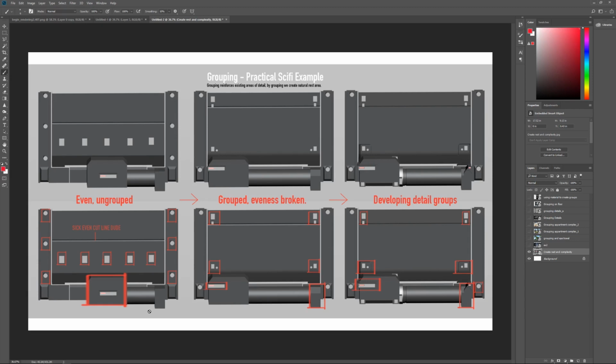Oftentimes when I'm making stuff, I don't have to think, oh, this is this mechanism and this is that. When you're making a whole level and you have 3 weeks to populate a whole sci-fi corridor, you don't have time to think every single thing through. You're going fast. You have to do all the technical stuff, especially if you're a game artist, environment artist. So it's our job to approximate function.